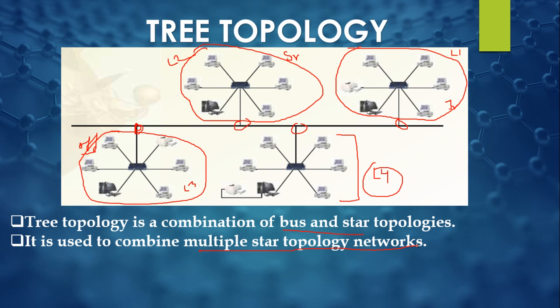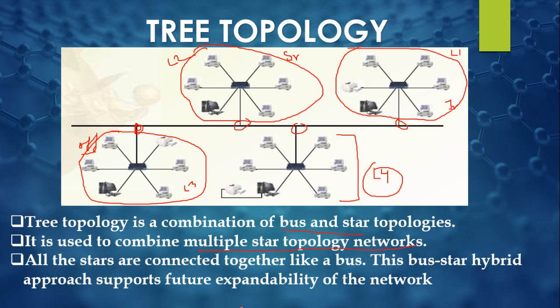The company will lay down a bus topology and connect all the star topology networks to that bus topology. This type of network is set up in organizations with a huge network, big companies. All the stars are connected together like a bus.